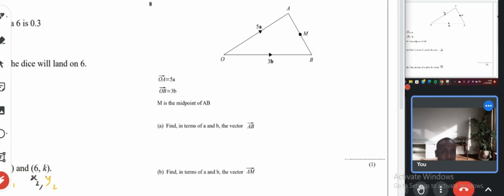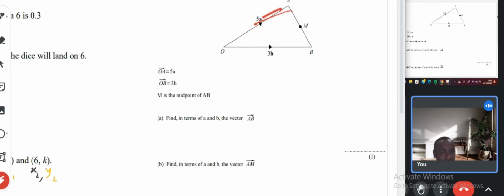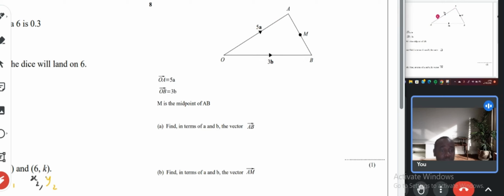I'm assuming this is a city A, and this is another city, city B, and you want to move from city A to city B. You are only going to go through directions that are given. This direction is given. This other direction is also given. Those are the directions you follow.